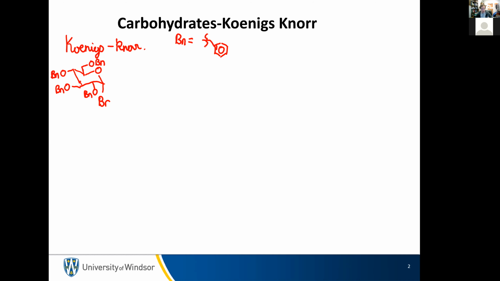So in a Koenigs-Knorr, you take a bromide like this, and you treat it with a silver salt, generally silver triflate, and your glycosyl acceptor, which is your nucleophile. I am going to use methanol for now because it's easy to draw.